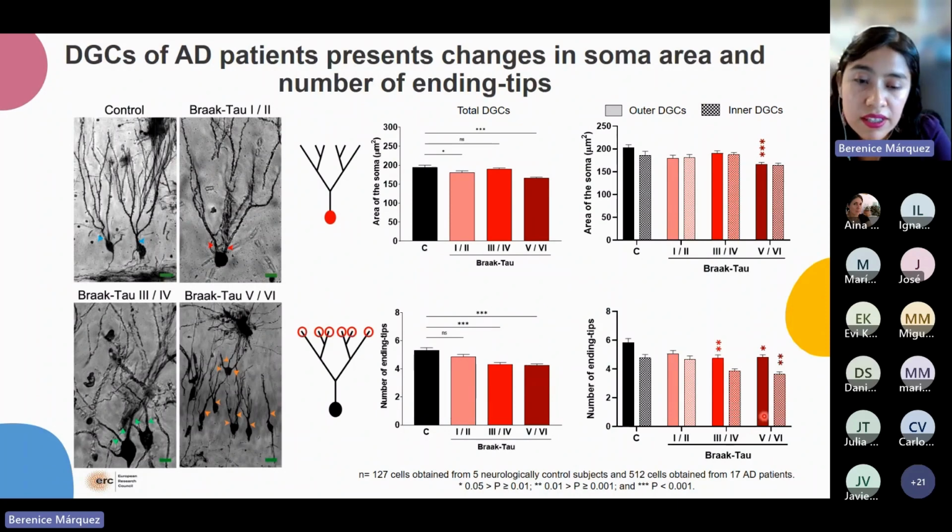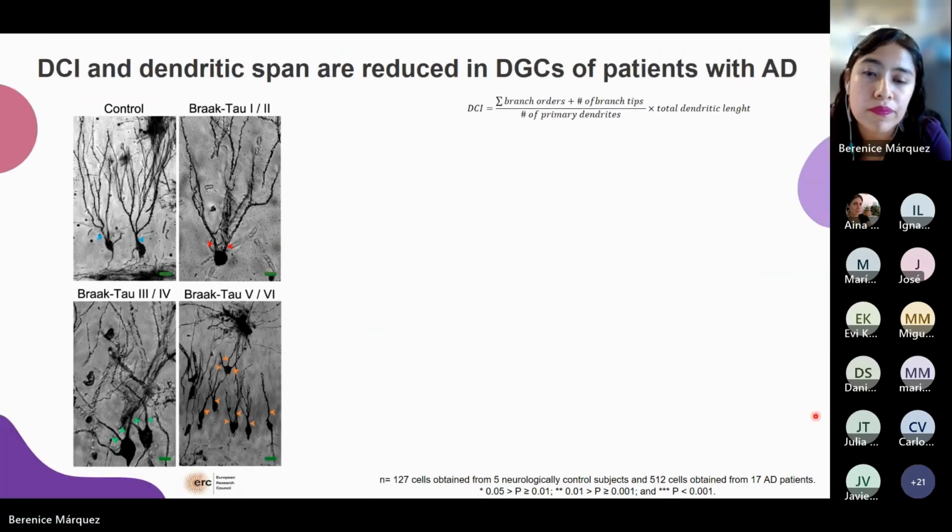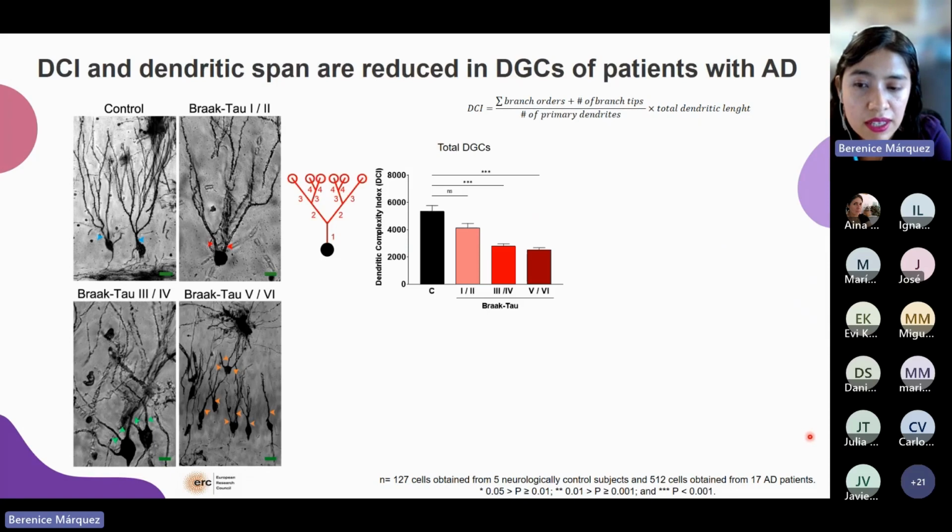Meanwhile, inner dentate granule cells are only decreased at later stages. The dendritic complexity index showed a progressive decline in total dentate granule cells, reaching statistical significance at a significant reduction in this parameter.